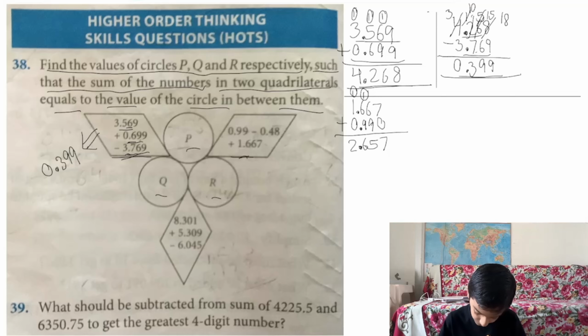So 1.667 plus 0.99, or you can say 0.990, is equal to 2.657.